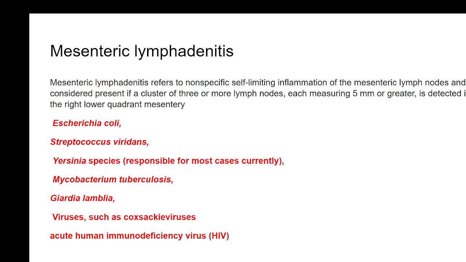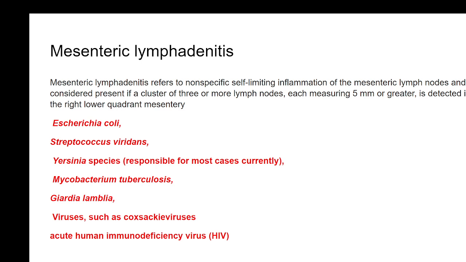For the clinical diagnosis criteria, at least 3 lymph nodes should be seen, and they should be more than 5 mm in diameter when noted on ultrasonography. When during ultrasonography swollen lymph nodes, at least 3 of them, are seen and their diameter is more than 5 mm, then the diagnosis of mesenteric lymphadenitis is made.